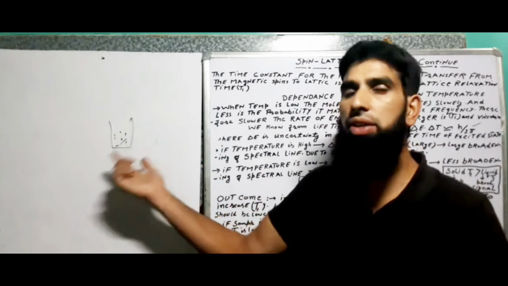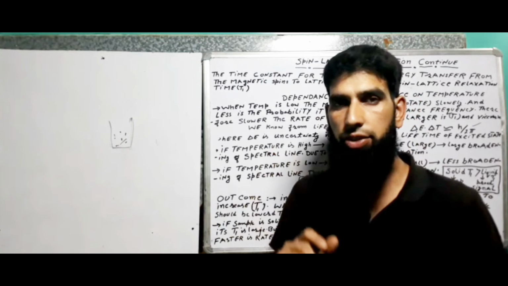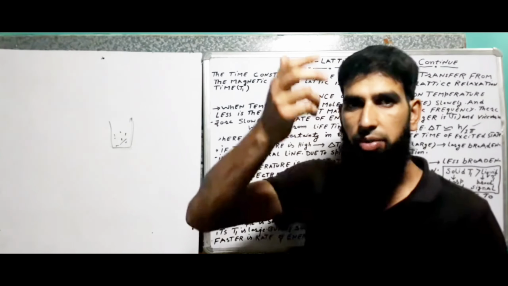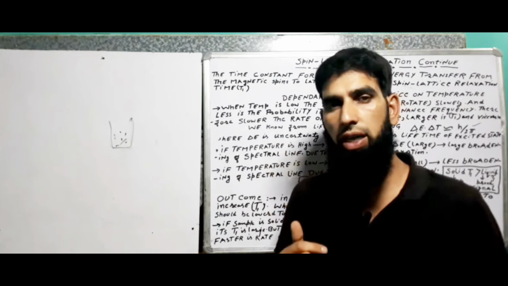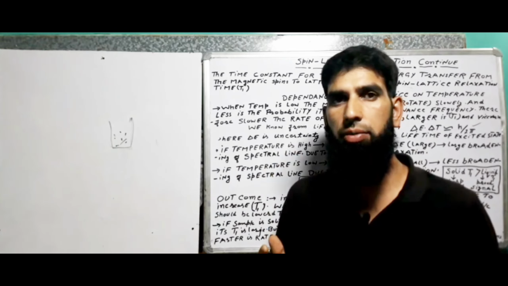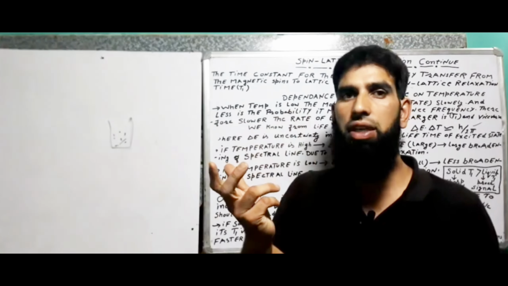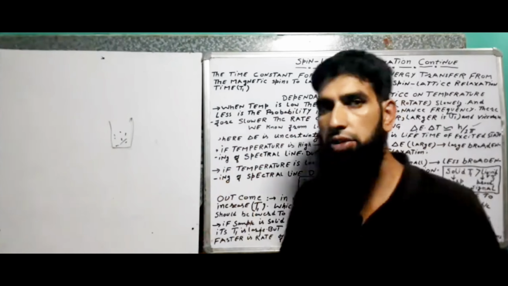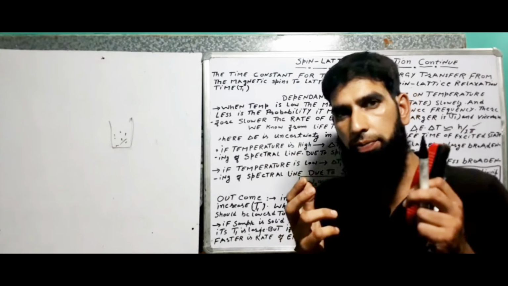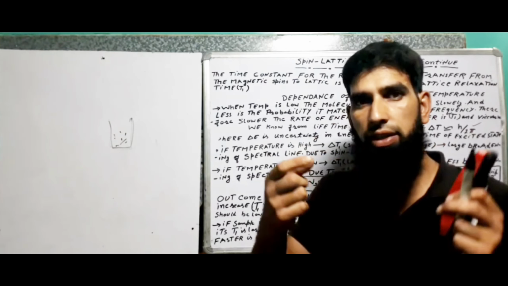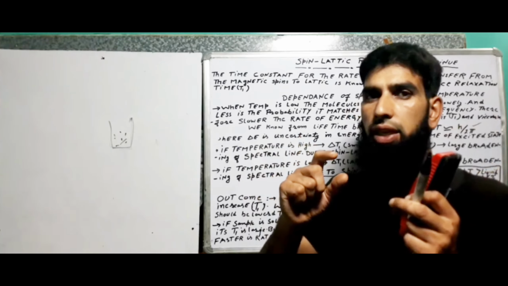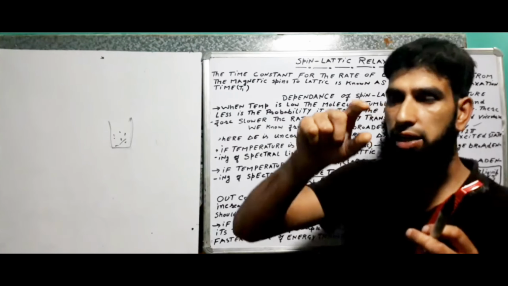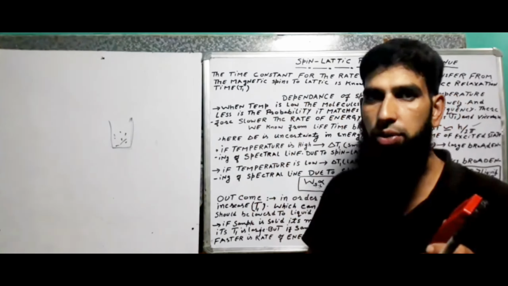If we keep the temperature very high, the molecules will tumble very fast. When they tumble very fast, the fluctuating magnetic field due to the tumbling will achieve the resonance frequency faster. It is logical, because the faster the motion, the faster they will achieve the resonance frequency. I have already told you, when the fluctuating magnetic field achieves the resonance frequency, energy is transferred to the lattice and the spin goes into the lower energy state.